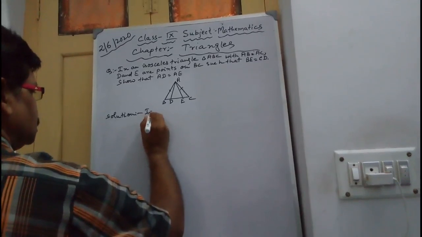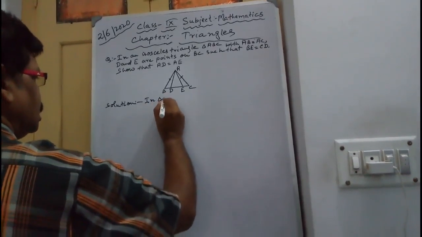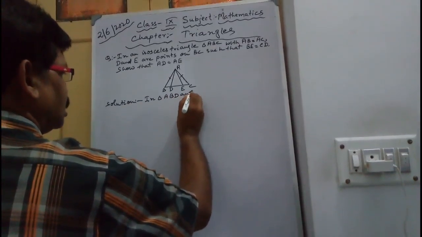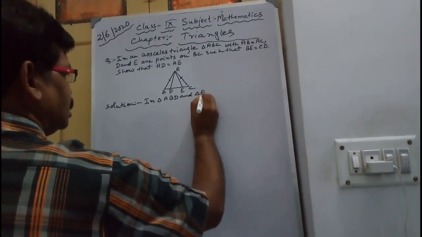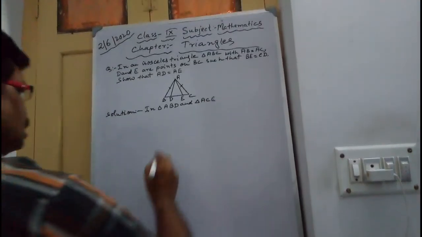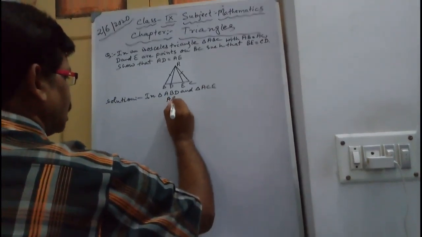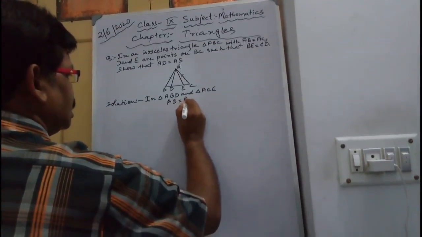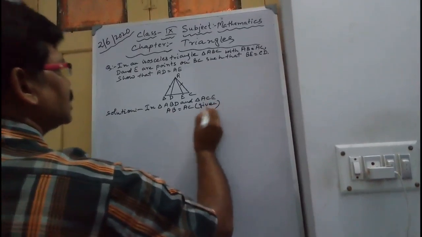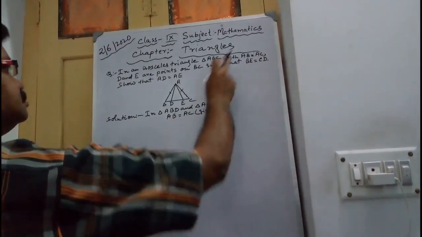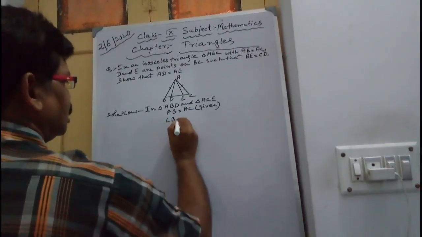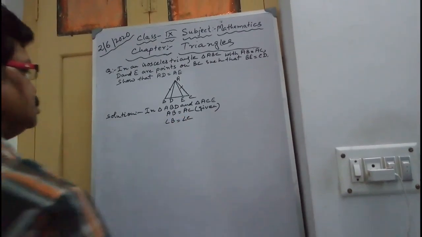In triangle ABD and triangle ACE, AB equal to AC, that is given in the question. Angle B equal to angle C.